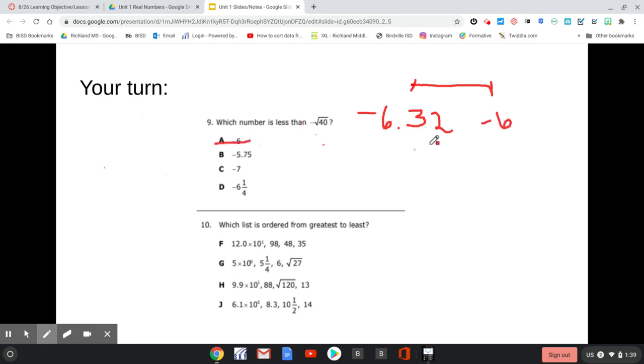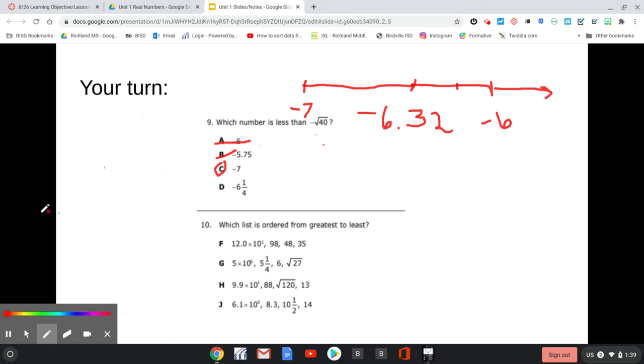Negative 5.75 would be even further this way. So that's not smaller. A negative 7, now we're talking. Negative 7 would be smaller. So that's going to be it, because this would be negative 6.25, and that's going to be somewhere here. So we know the answer is C. They were trying to trick you with the negative, and they were trying to mess you up with this format.